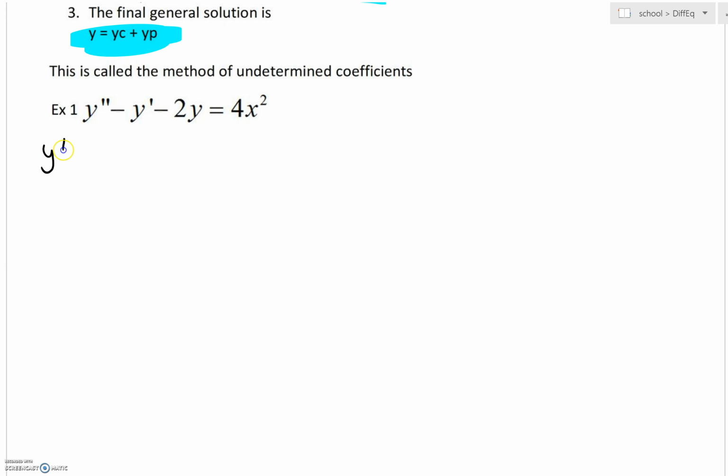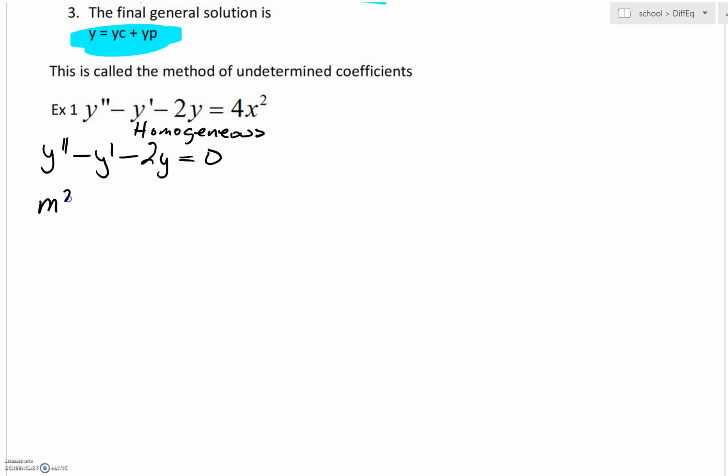First off, like we said, to get you started, let's just pretend that we've got the right side equal to 0. You could say, hey, we've got the left side, y double prime minus y prime minus 2y equals 0.